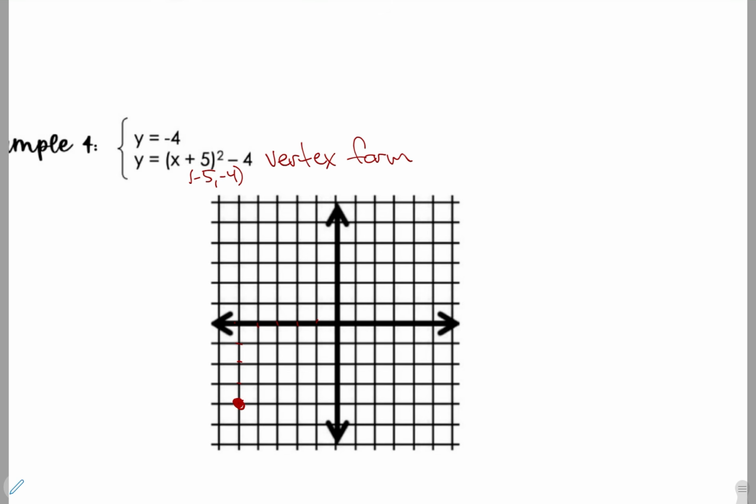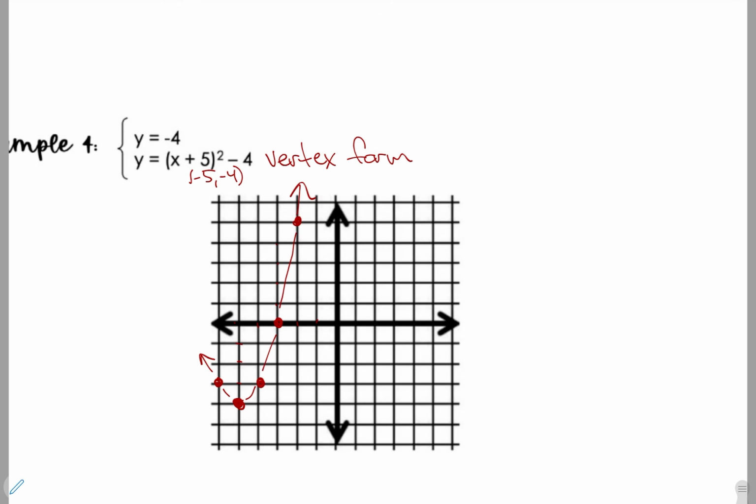And our A value is 1, so up 1 over 1, up 3 over 1, up 5 over 1. At this point, y'all would be asked to make a table so that you can find these points.